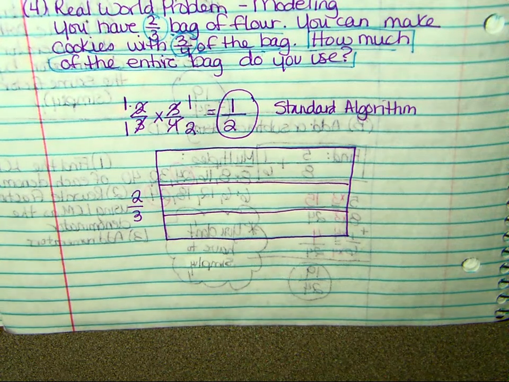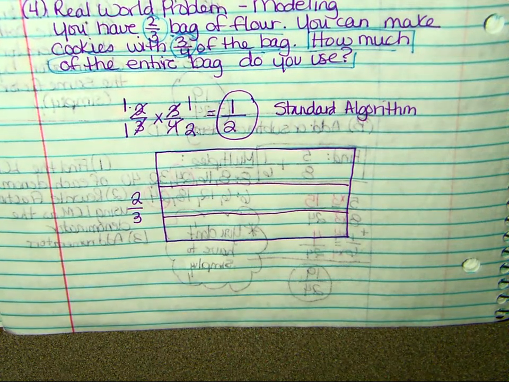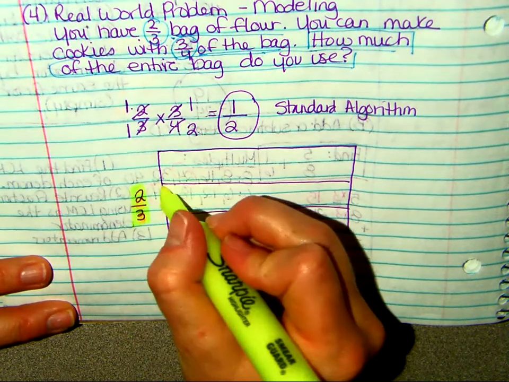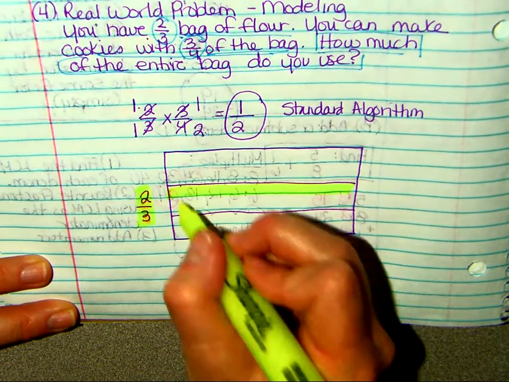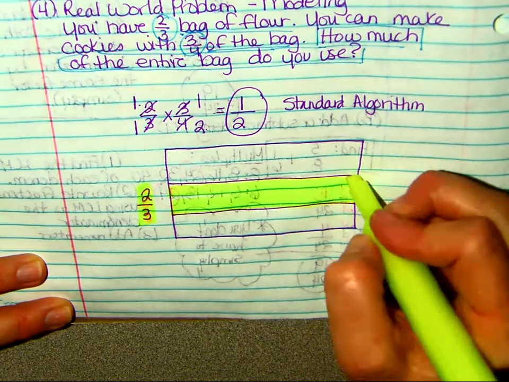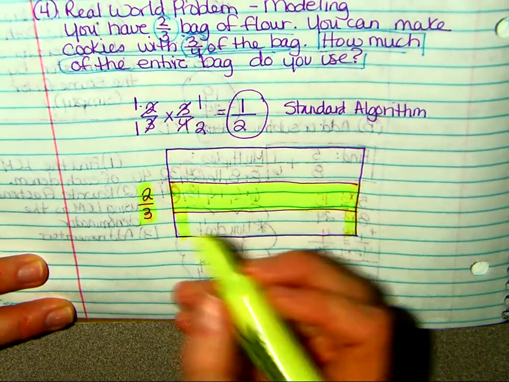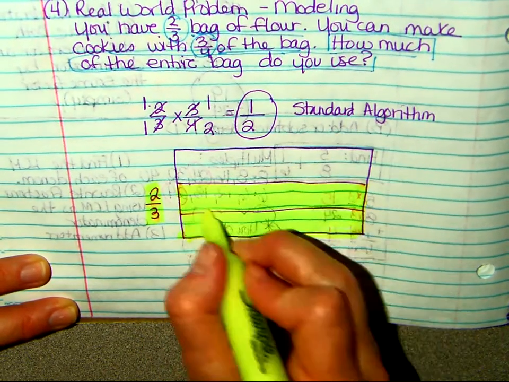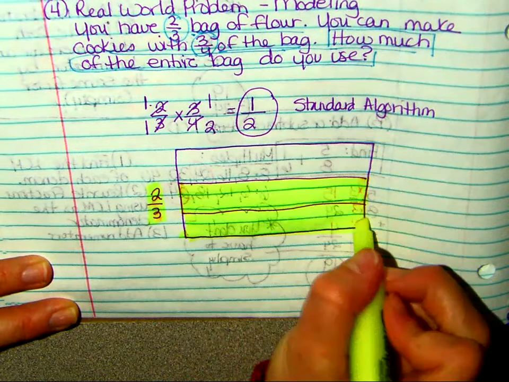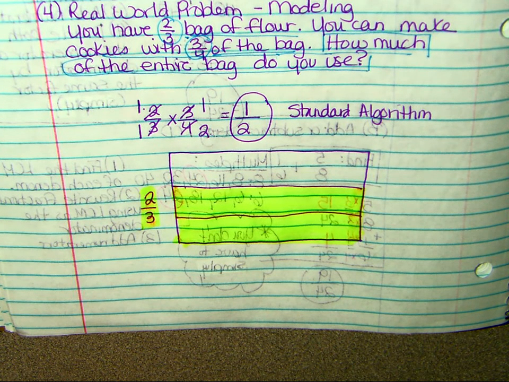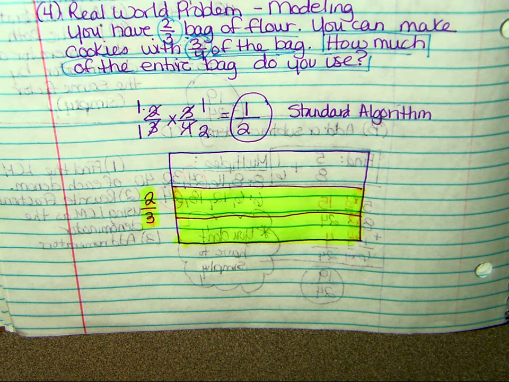And with one color highlighter, I'm going to demonstrate what 2/3 is, which is 2 of these 3 sections. So now I've shown that that is 2/3 of the rectangle.